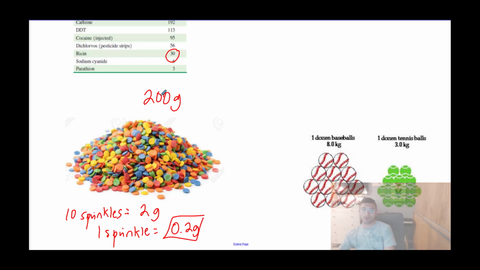So if we have all of these sprinkles as 200 grams, and I know that one sprinkle is 0.2 grams, we can use dimensional analysis. Our grams will cancel. We'll be left with sprinkles. And this tells me that I have about 1,000 sprinkles in this sample.